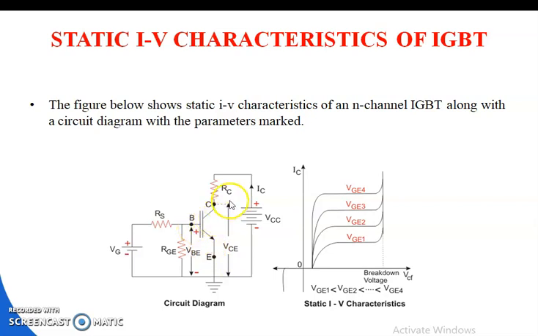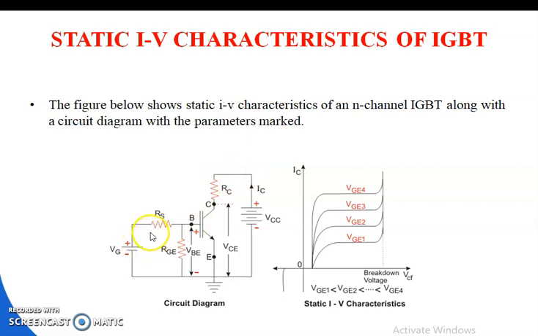RC is the resistance corresponding to the collector terminal, RS is the source resistance, and E is the emitter. VCE is the voltage across the collector and emitter terminals, VCC is the input or supply voltage, and IC is the collector current.